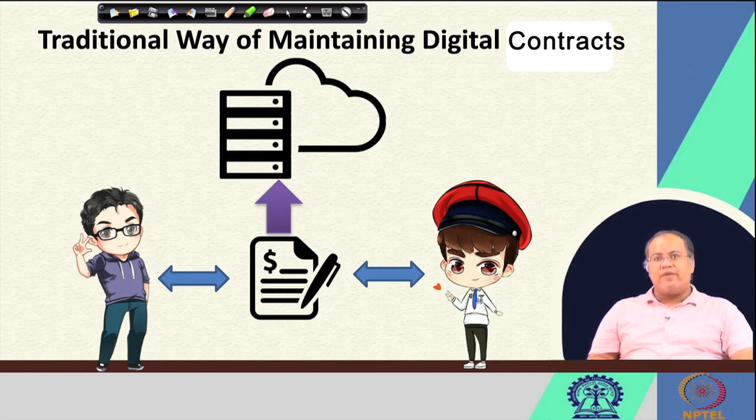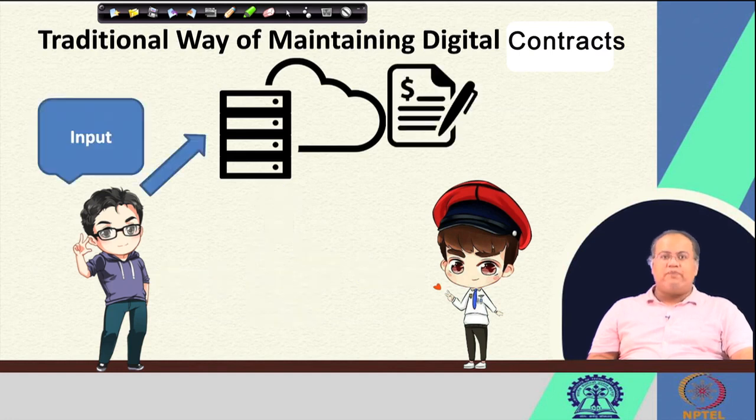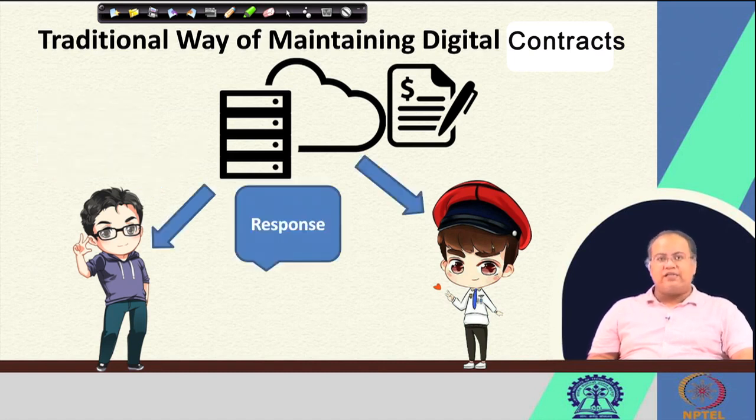Once you submit the contract to a centralized platform like a cloud platform, the contract gets executed over the cloud, and each individual person can submit their input. A certain state of the contract gets executed and the replies are sent back to the participants.